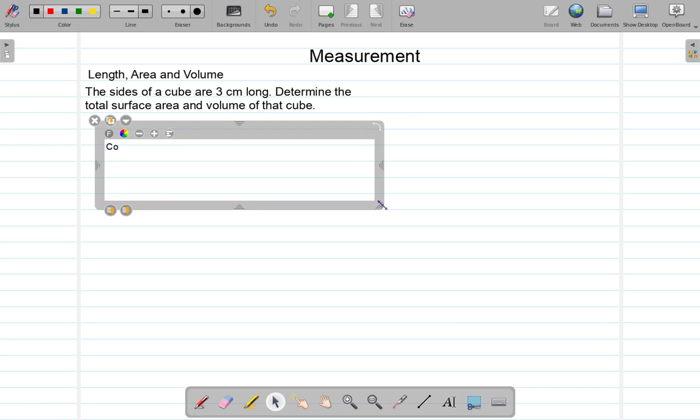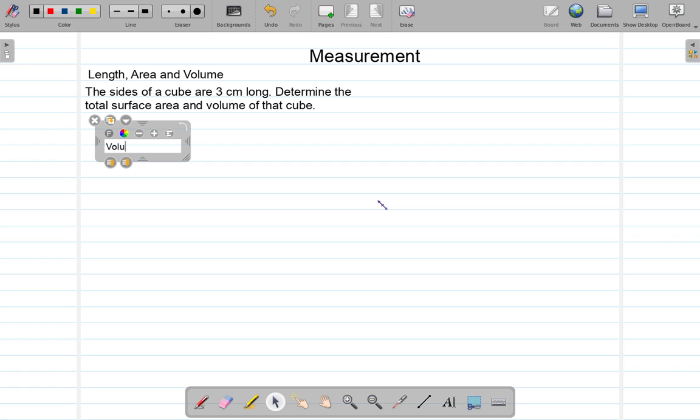And we said the volume of a cube, or it could be a cuboid, is the length multiplied by the width multiplied by the height of that cube or cuboid. And we saw why. Alright, we could count up the number of cubes that make it up.